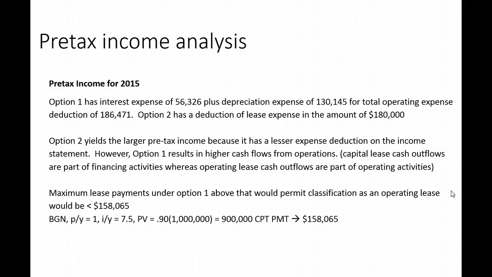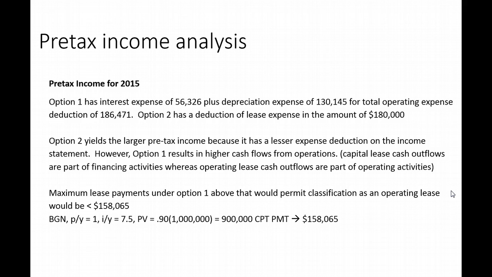As it relates to this particular lease, we have interest expense of $56,000, depreciation expense of $130,000, and that's an operating expense deduction of $186,471. Option number 2, the only expense associated with option number 2 is the lease payment itself of $180,000.